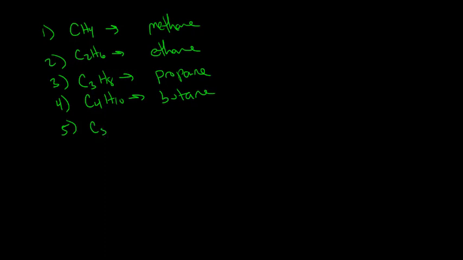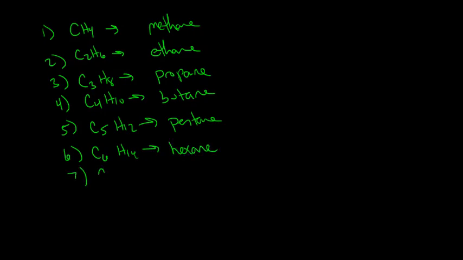Adding a 5th carbon, so C5H12, gives us pentane. 6 carbons, C6H14, gives us hexane. 7 carbons, which is C7H16, is heptane.